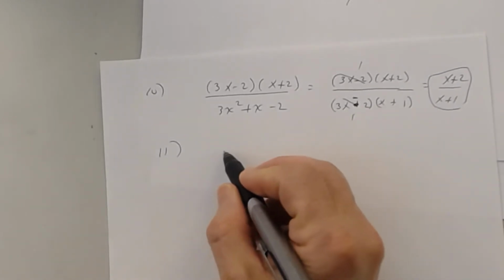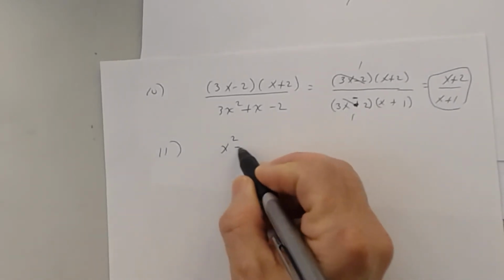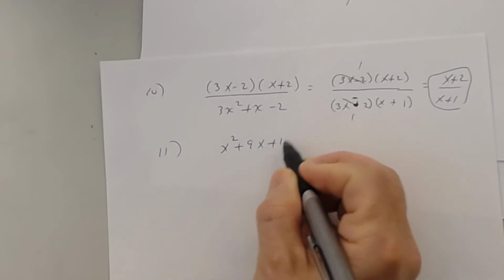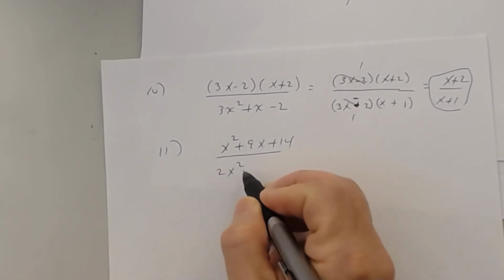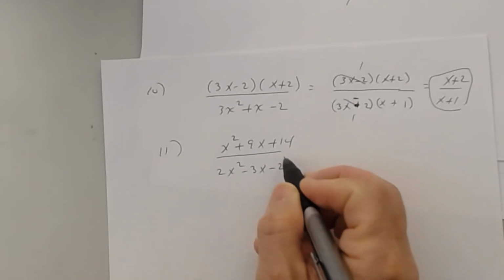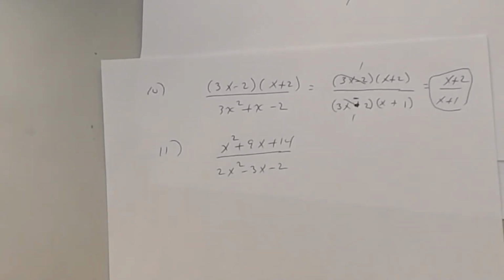All right, what if you had x squared plus 9x plus 14 divided by 2x squared minus 3x minus 2? Now remember, the direction says simplify.